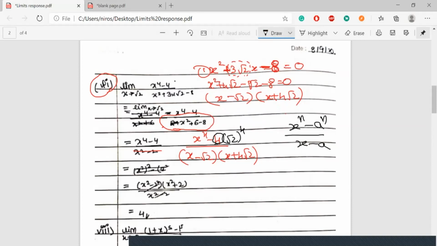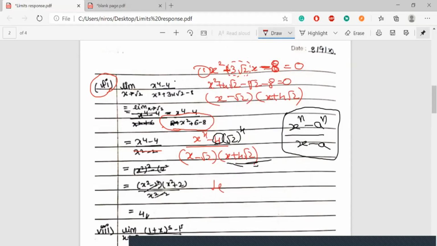This is the standard form. We keep x plus 4 root 2 as it is, because if you substitute root 2 there, it won't become 0. We have to convert into root 2. Then directly we'll get the answer.